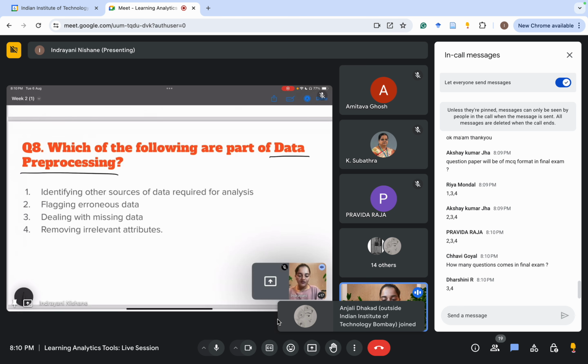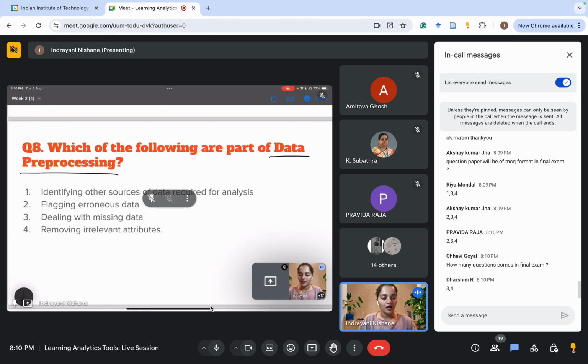So the things which happen before conducting the study or collecting the data will not be part of data pre-processing, but the things which happen after you have collected the data and before you start your analysis are part of data pre-processing. What happens in between is data pre-processing. Now we will read the questions and the options again.